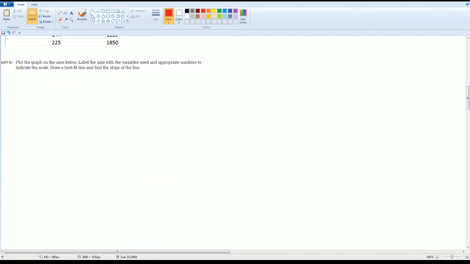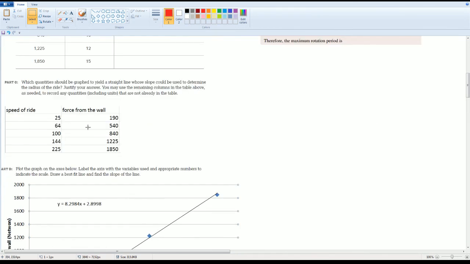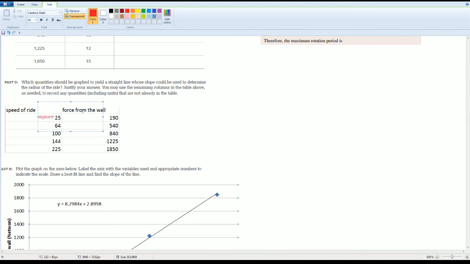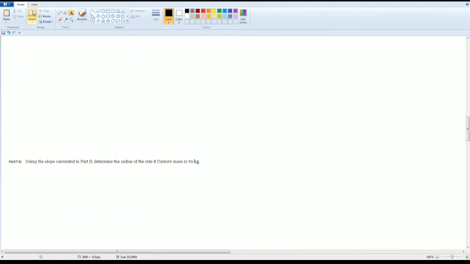So there you go. And again, please understand this was the speed of the ride squared. Good. Speed of the ride squared was here. Force of the wall is there. Force set linear using that.